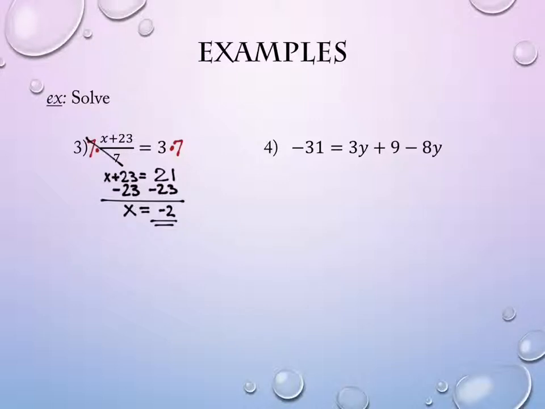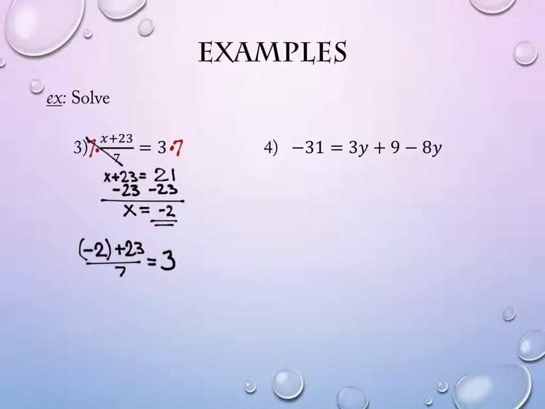So we're going to evaluate it back in. We're going to substitute it back in for the x. So there's the -2 plus 23 divided by 7. And I want to make sure that it actually equals 3. Okay, so now, order of operations, I would add the numerator parts together first.